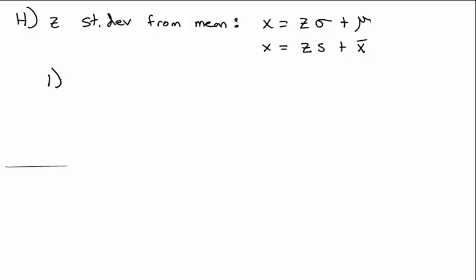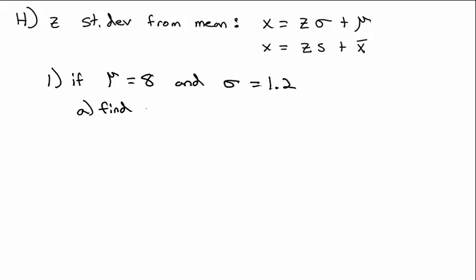So what I mean is, if I know the mean of a population is 8, and the standard deviation is 1.2, I can find a value that is 1.7 standard deviations from the mean. The number of standard deviations from the mean is what we're going to call our z-score, or our z-value.